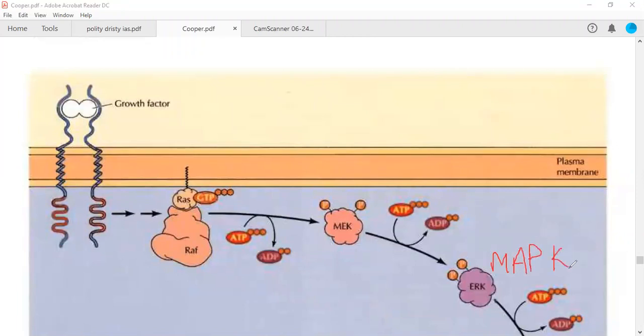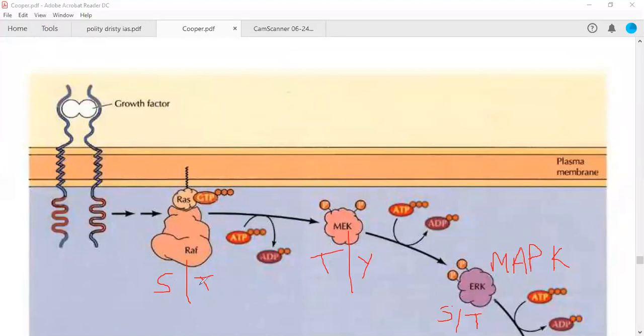So this is called MAP kinase. If you remember, RAF is a serine threonine kinase. MEK is a threonine tyrosine kinase, and ERK is again a serine threonine kinase. So hope it is understandable that these proteins, either RAF, MEK, or ERK, are all kinases.